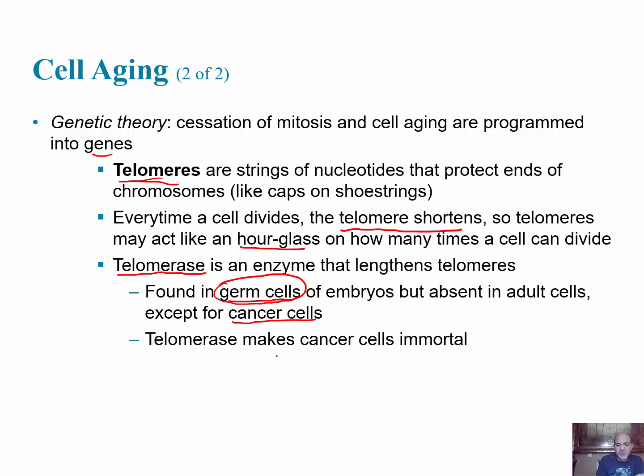So when cancer cells form, the enzyme, which is not normally present in the normal cells of our body, kicks back in for whatever reason and basically reestablishes these telomeres. That makes cancer cells sort of immortal.